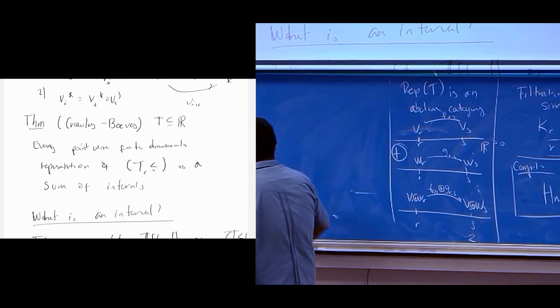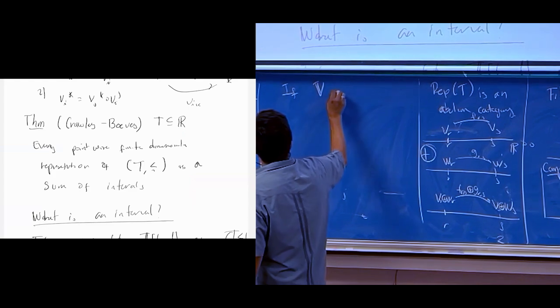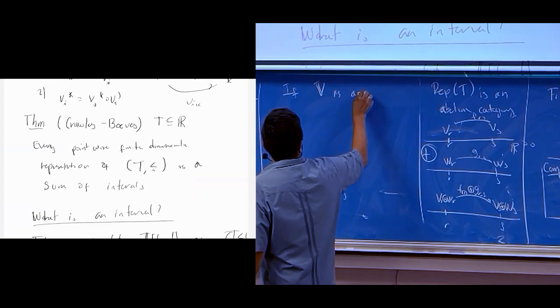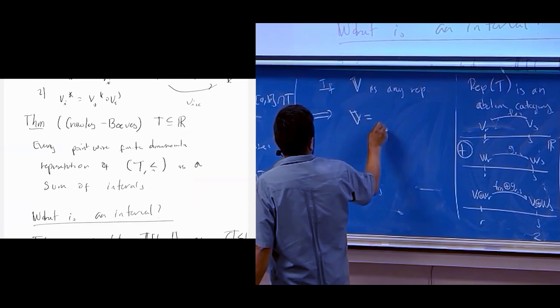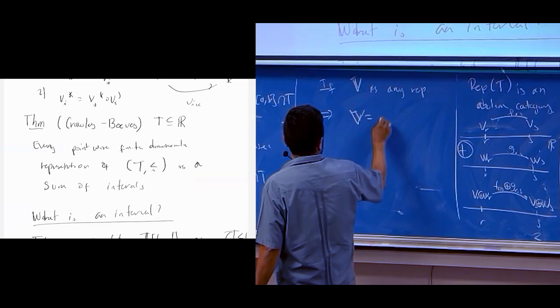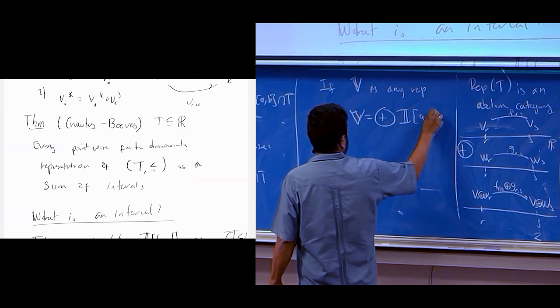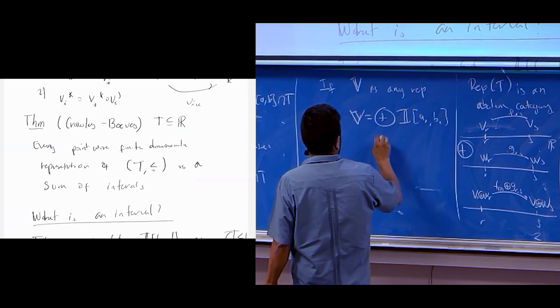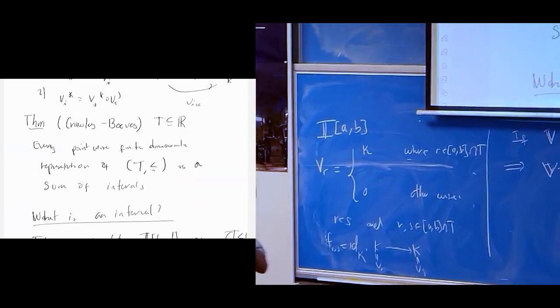So if V is any representation, every representation, then V can be written as the sum of intervals, over a family of indexes. So you can decompose it that way.